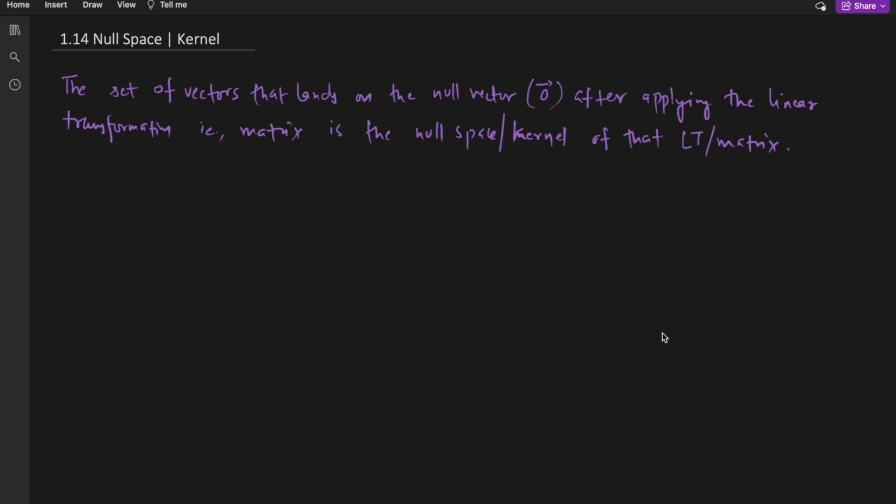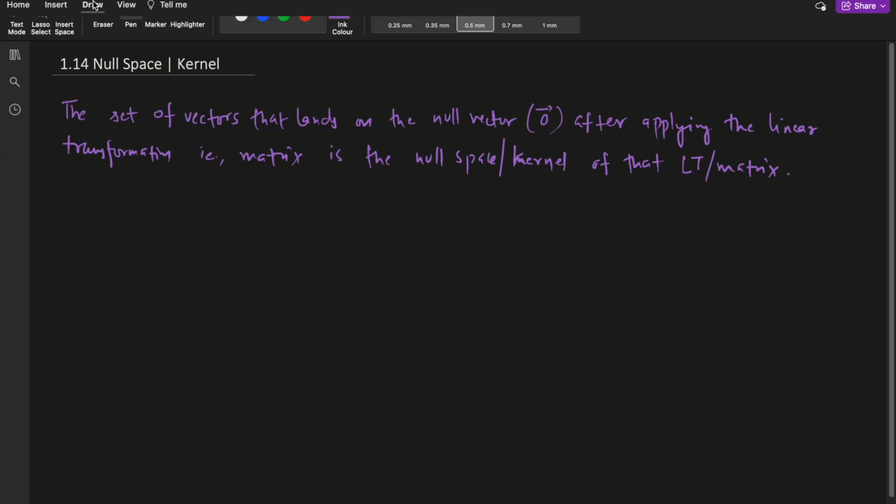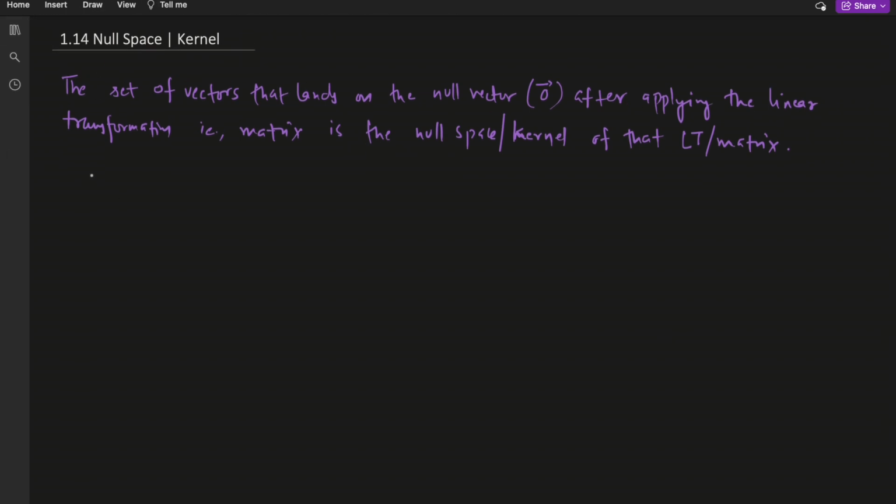Okay, so if we write this down mathematically, let us suppose we have an m cross n matrix with columns a1 up to an.